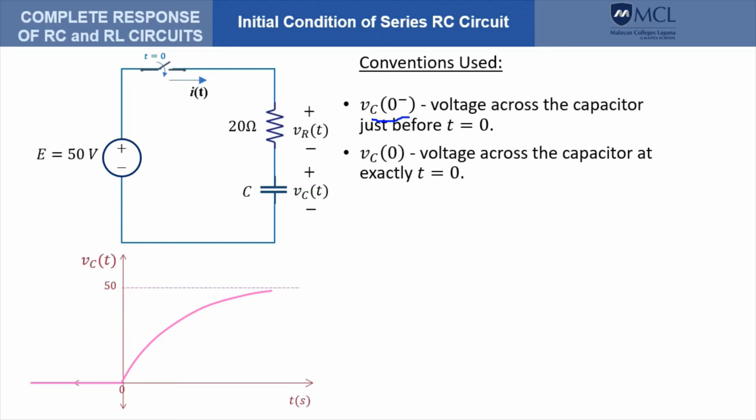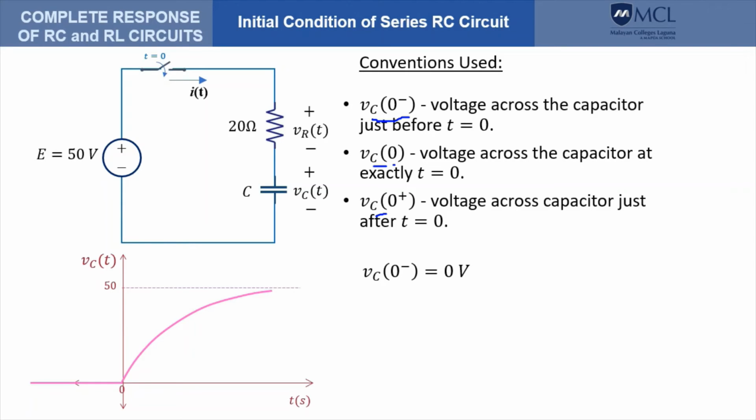For t exactly equal to 0, the usual, we use V sub C at 0. And for the voltage just after t equals 0, we can write this, where there is a positive symbol on the upper right of 0.